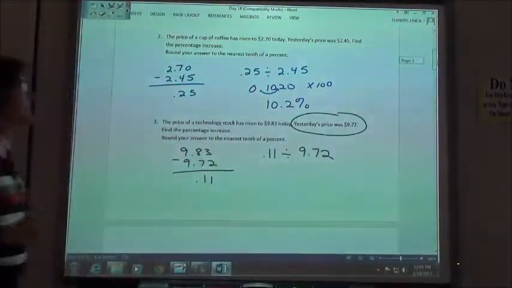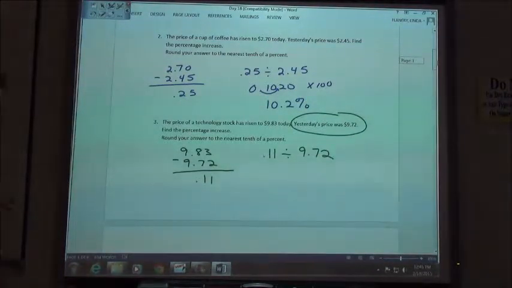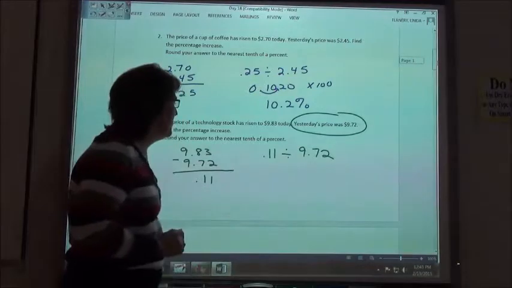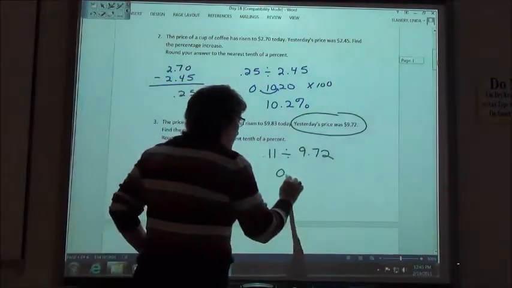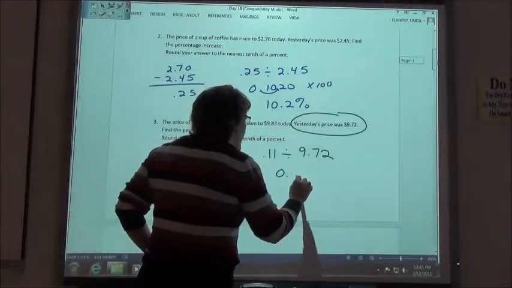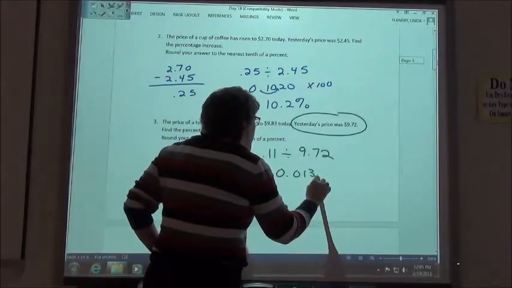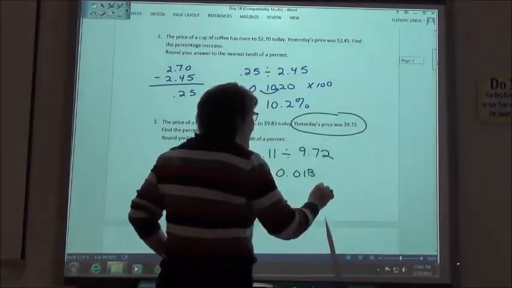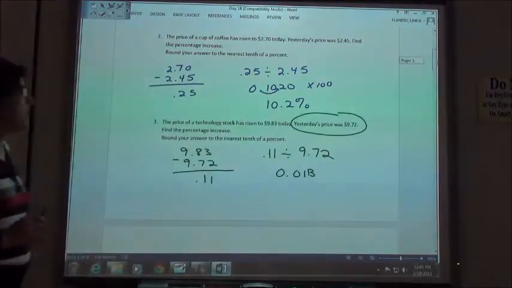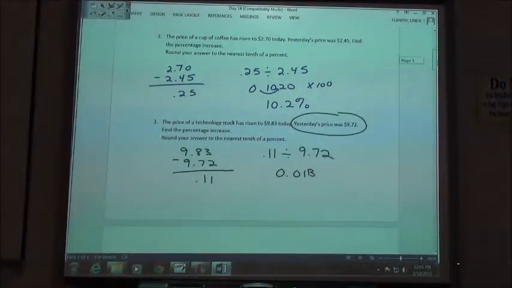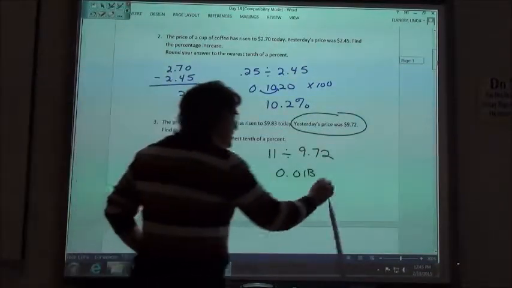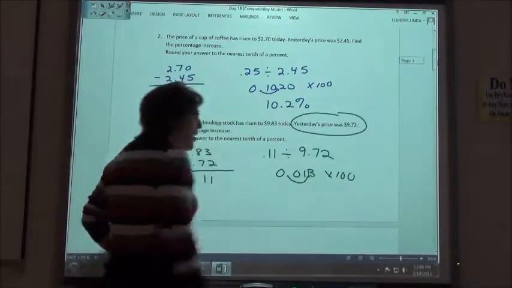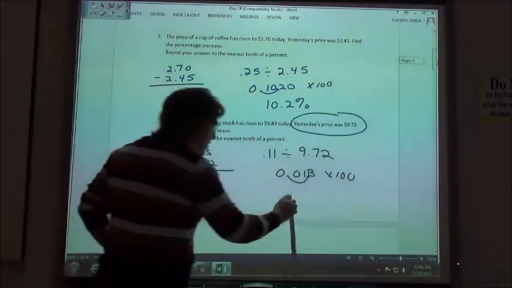And so our crazy decimal we got was 0.0113, something or other. So changing that to a percent, we multiplied it by 100, which moves our decimal 2 places, and rounded to the nearest tenth, and we got 11.3.